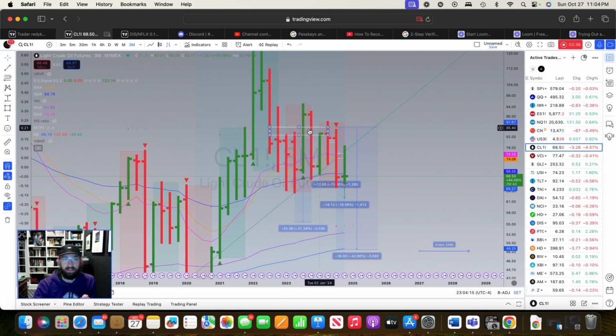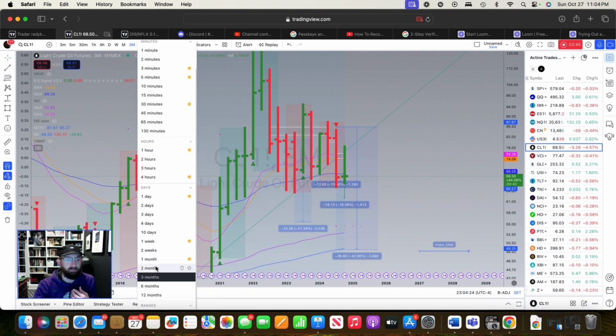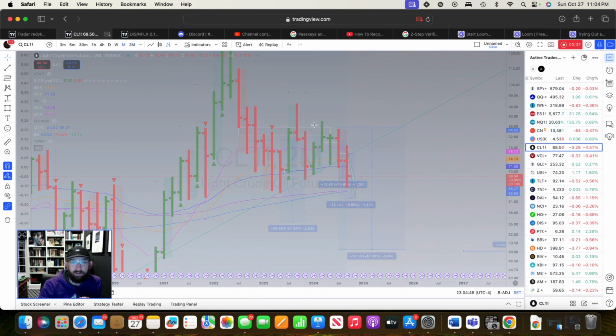But when I went to review it, I was a little bit confused by the consolidation period here. It's not very concise, a little bit wonky. So when the consolidation period is a little weird on one time frame, just go down a time frame and see what it looks like. Still a little bit weird here. Two month is kind of a weird consolidation period. So let's go down to the 1 month.